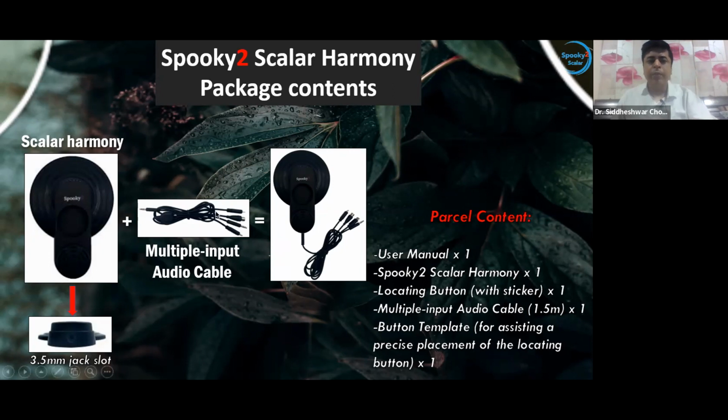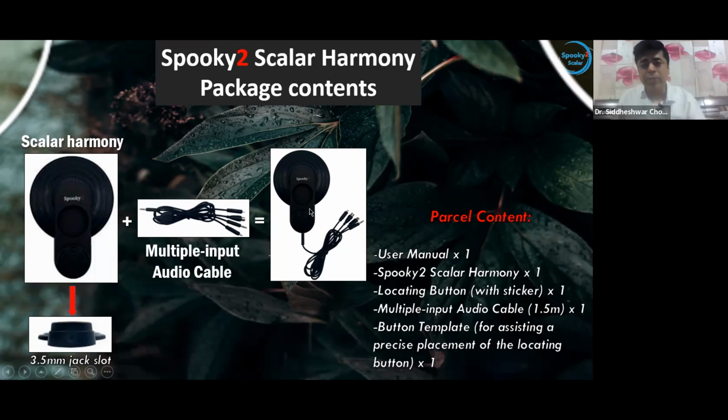You also get a multi-input audio cable, wherein you can connect any devices, your Apple device, Android device, any audio player. You can start giving audio frequencies to the Harmony.